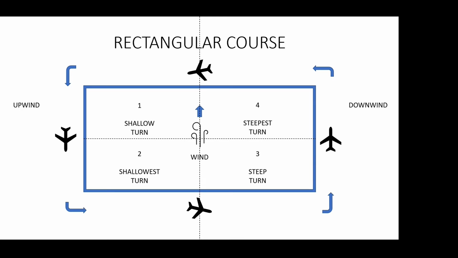As it makes its turn into the wind, as it starts traveling upwind, the airplane is now going to be traveling slower across the ground. The ground speed is going to be reduced just by making that turn into the wind, turning upwind. So there's 2 things that we know in quadrant number 1. We're going to have to apply some wind correction angle into the wind, and as we make the turn, our ground speed is going to slow.